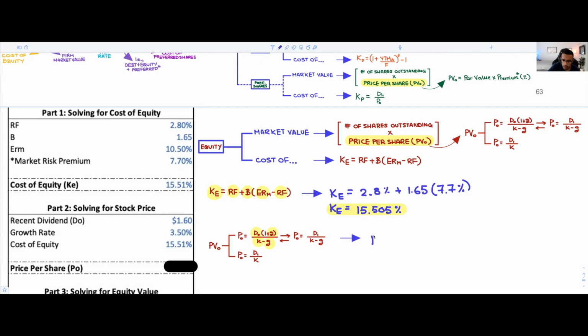The present value of our common shares will be equal to 1.6 times 1.035 over K minus G, so it's going to be 15.505% minus 3.5%.